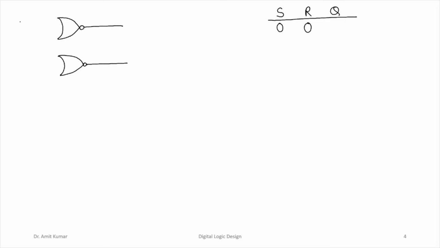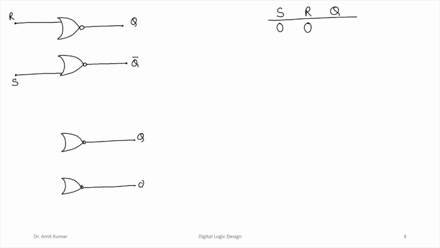So these are two NOR gates. This is the input terminal R. This is the input terminal S. This is the output Q. This is the output Q bar. Similarly, if you look at this particular arrangement of these NOR gates, this is one NOR gate, this is the second NOR gate, this is the output Q, this is the output Q bar.